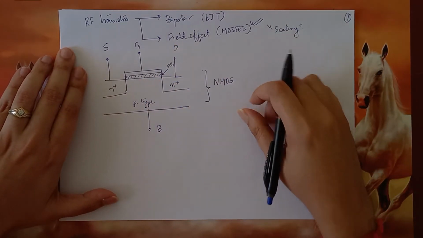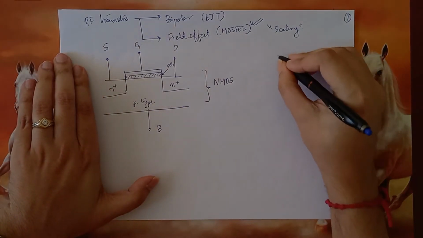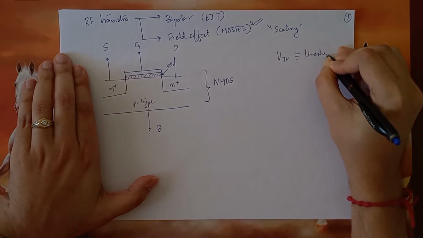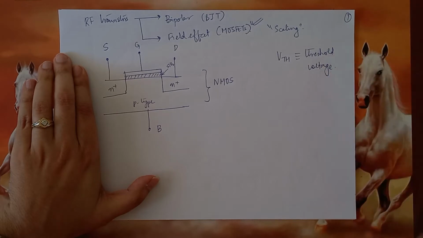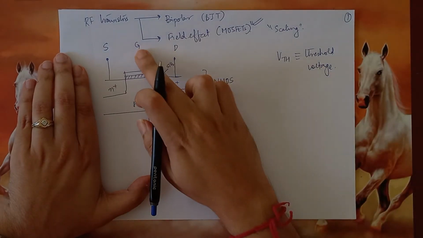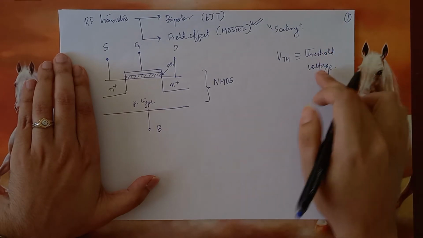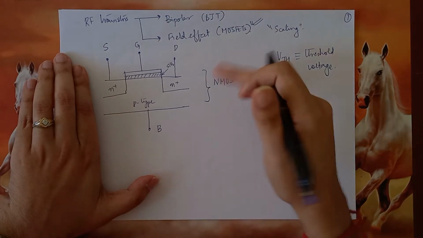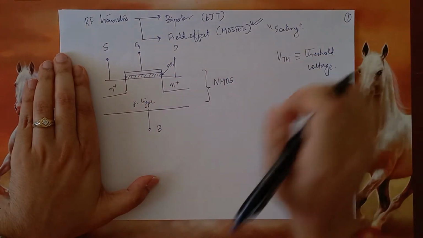So one of the most important parameters of a MOSFET is its threshold voltage, VTH. So therefore, the gate voltage must be able to create a field that causes inversion inside the p-type body, and for that inversion to happen, its effect must be stronger than the effect of threshold voltage.